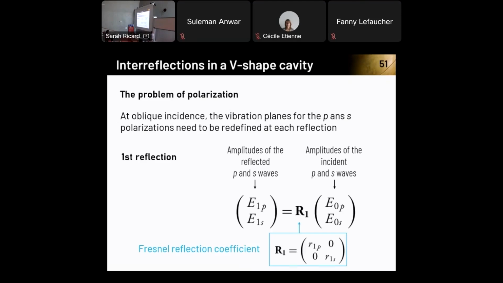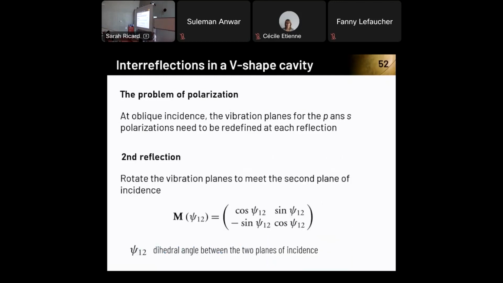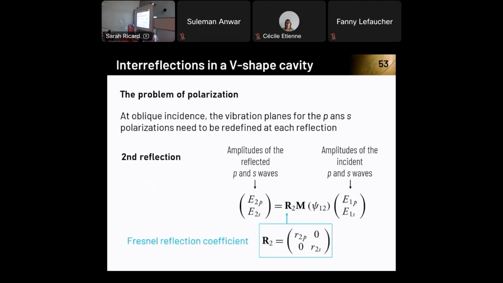So we have the first reflection. We decide which orientation are P and S. Okay, I am reflecting once and I have something oblique and I need to project this component into the new S and P orientation. So we use a rotation matrix. So here it is the reflection of the P and S component. And we rotate to be aligned with the new incidence plane.